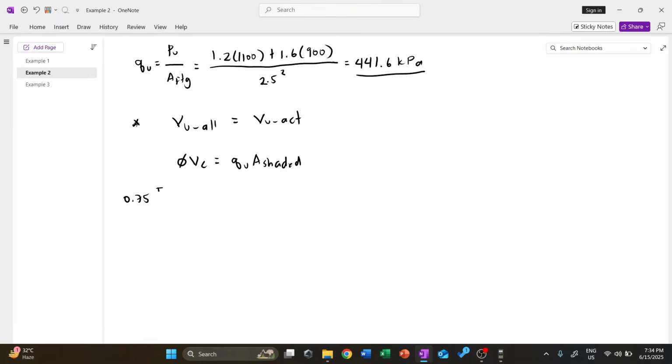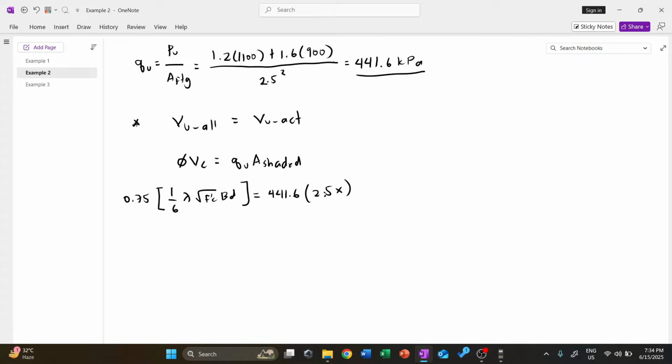Okay? Yung VC natin, anong VC natin for wide beam? That is 1/6 lambda square root F prime C BD. Okay? BD is equal to QU 441.6 times the area shaded na 2.5 by X.